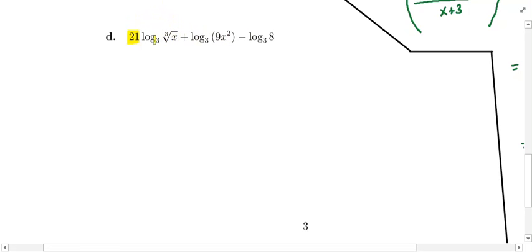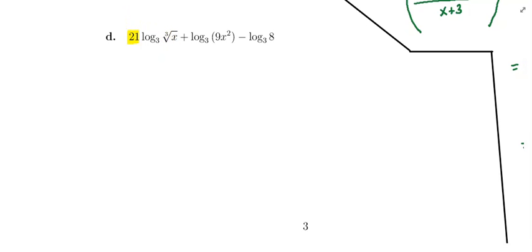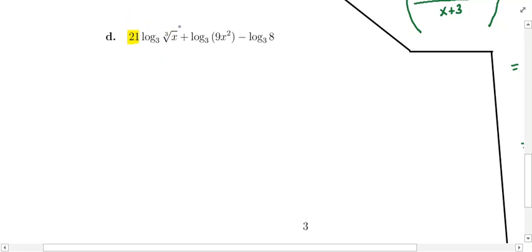However, when you look at this logarithm, I see a cubed root involved. So before I move the 21 up as an exponent, I'm going to take this cubed root and rewrite it as a power. So this is going to be 21 times log base 3. If you're taking the cubed root of x, that's the same thing as taking x and raising it to the 1/3 power.